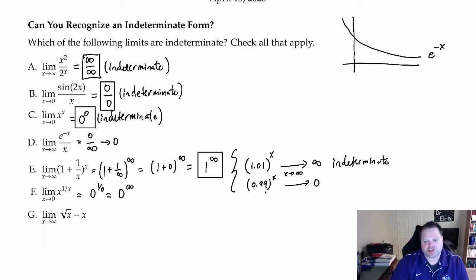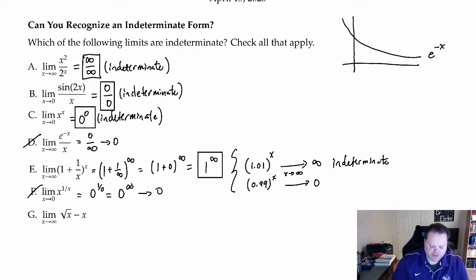That's just like this case right here. You have a small number that's heading towards 0, and as you exponentiate it, it gets smaller and smaller itself. So both of these are heading toward the same goal, and that is of making the whole thing go towards 0. So this thing converges to 0 over time. So it is not indeterminate. So D and F are out.